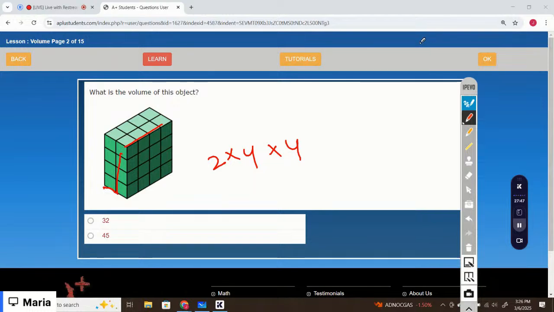So which is the correct option? Option number 1 is the correct option. 32 it is.